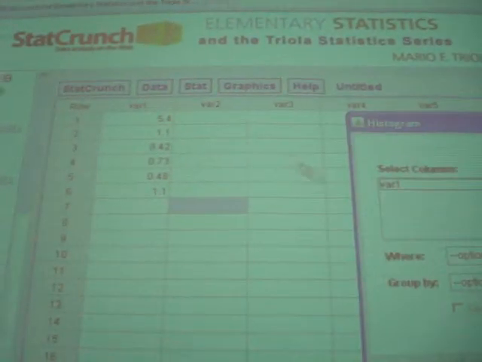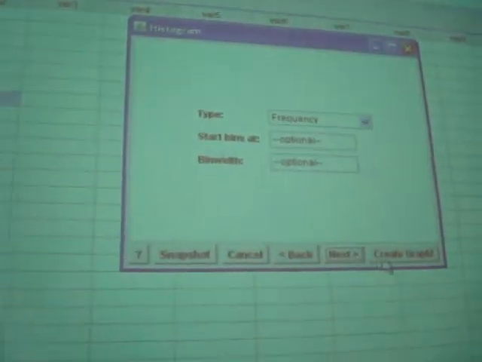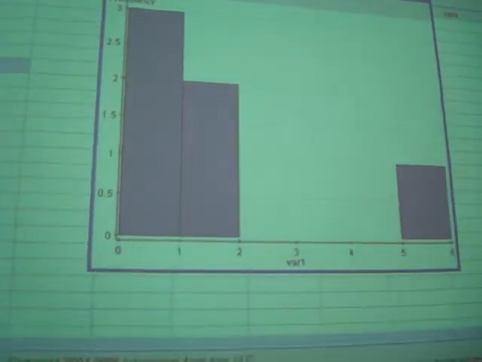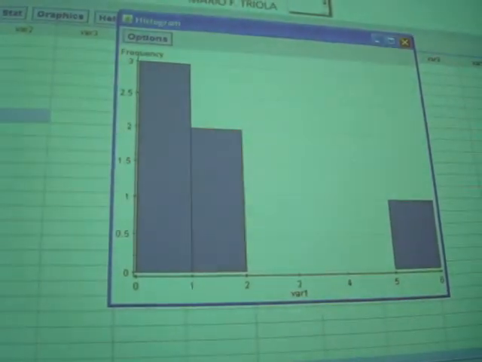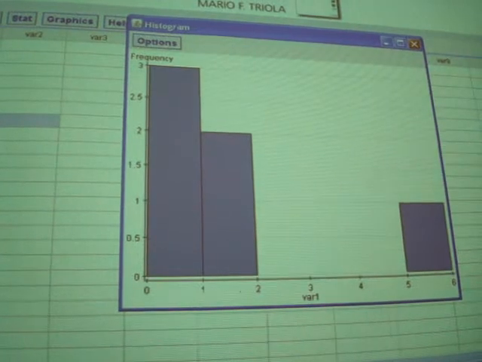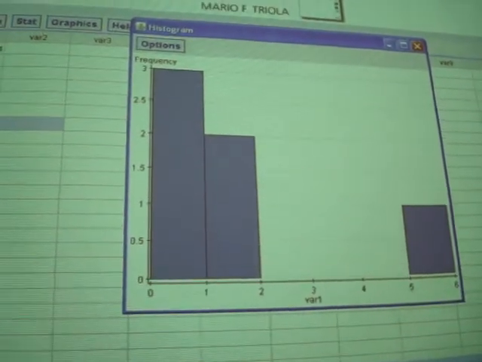Under graphics, let's look at a histogram first of variable 1 and create the graph. So if we look at this graph, this is a very right-skewed histogram, which would suggest that the population may not be very normal.